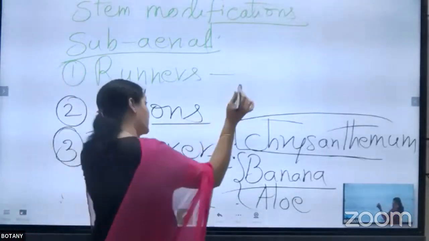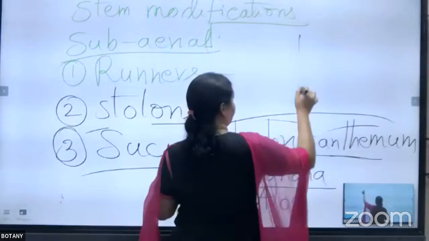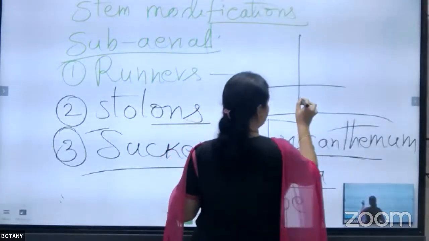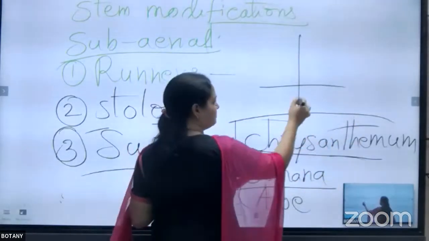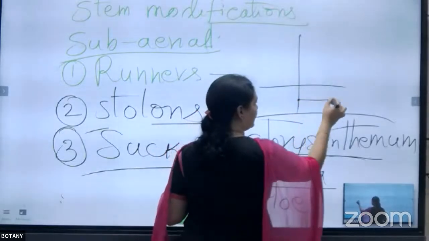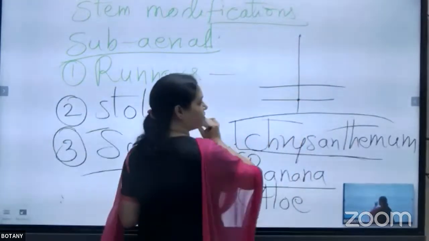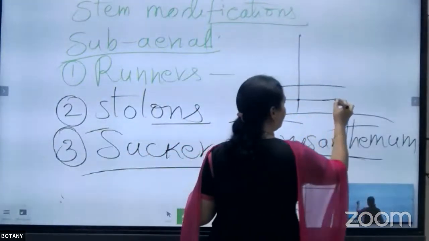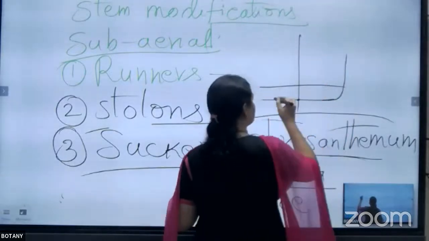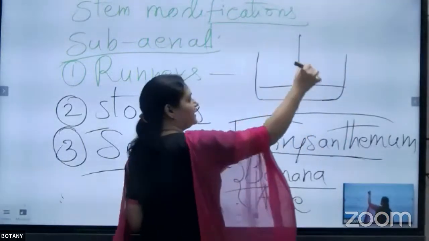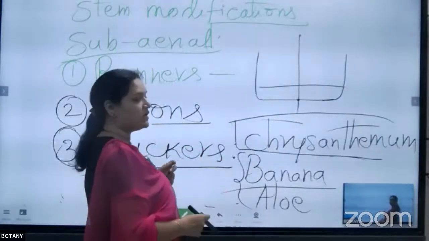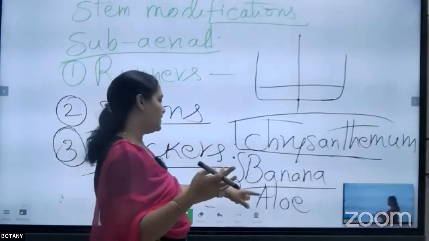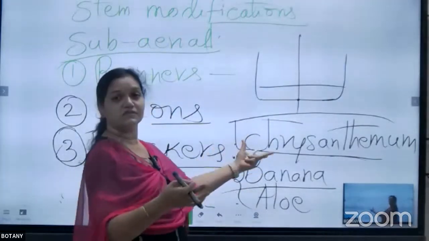So in this, what happens? This is the nodal region for the stem. From the node, the branches will arise, run parallel to the soil surface, and again grow above the soil. That is the sucker. That is the oxalis, aloe, banana, or chrysanthemum.